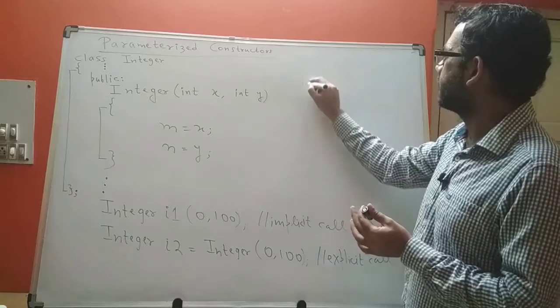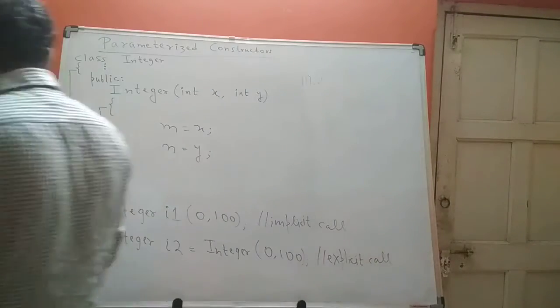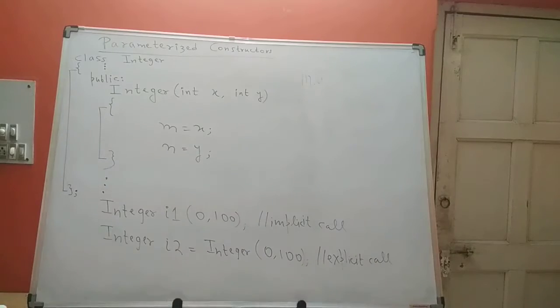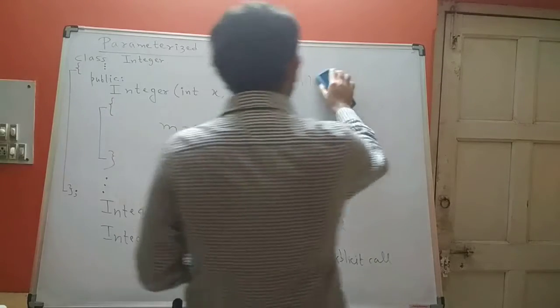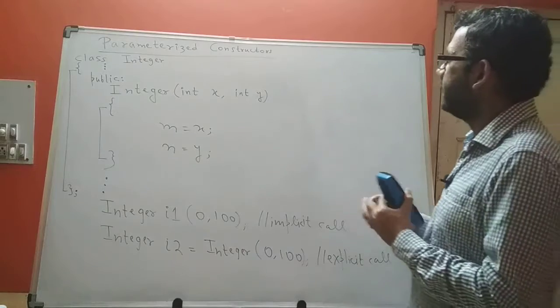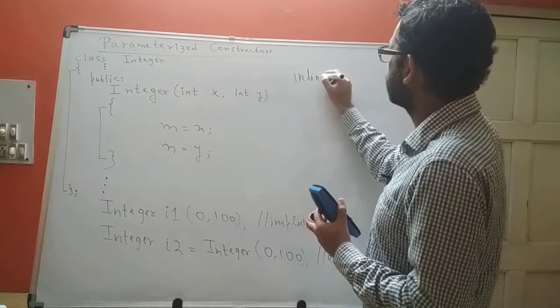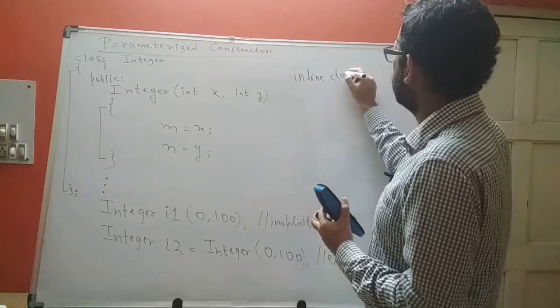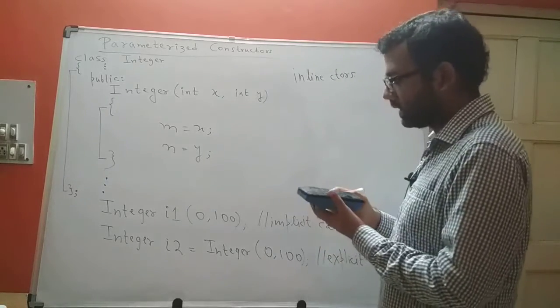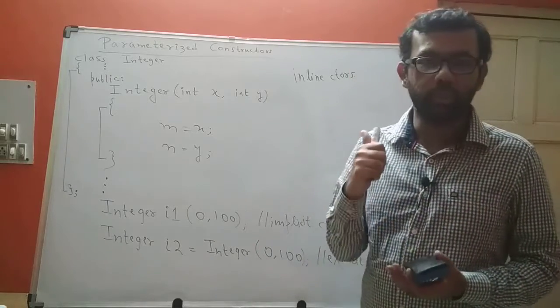Sorry about that. Let me change the pen. Such constructors are called inline constructors. Just like we have inline functions, we can also have inline constructors. Constructors defined within the class itself are called inline constructors. This was point number one.